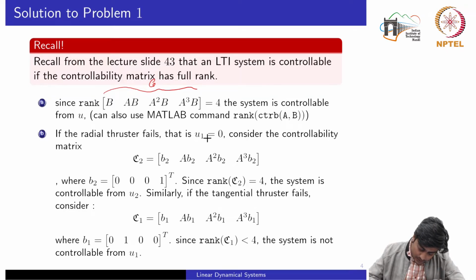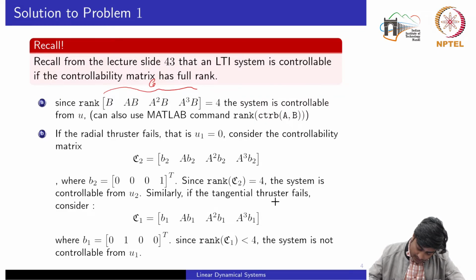Once u1 is equal to 0, in the controllability matrix we would be using only the b2 vector instead of the complete B matrix. Similarly, we compute the controllability matrix and then we compute the rank. You can also compute by yourself that the rank of this matrix is equal to 4, meaning that even if u1 fails, you still have the power to control the system by using only the u2 signal.